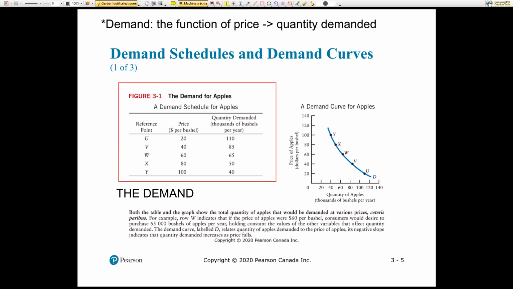Well, imagine this is thousands of bushels and the price of apples. To know the shape of this curve, we would have to observe years in which you have this amount of apples at this price, this amount at this price, and this amount at this price.